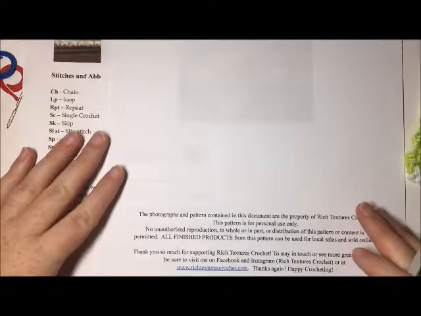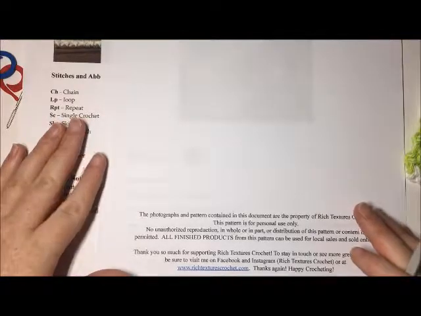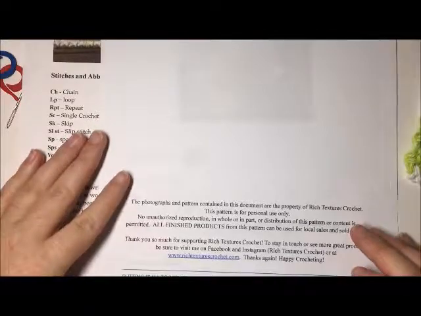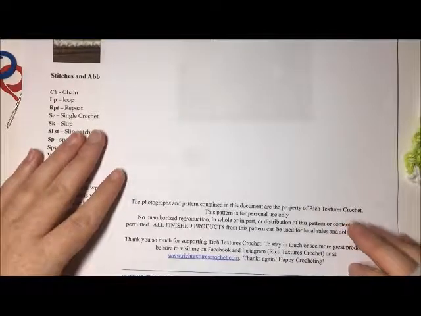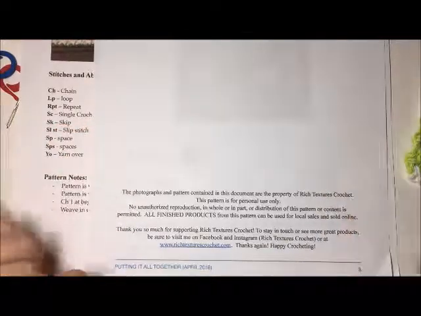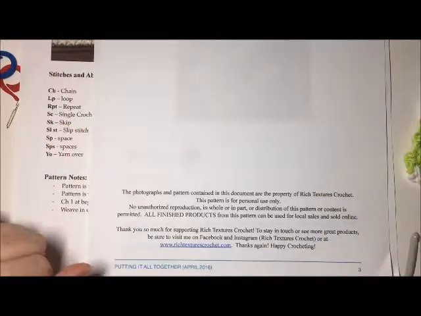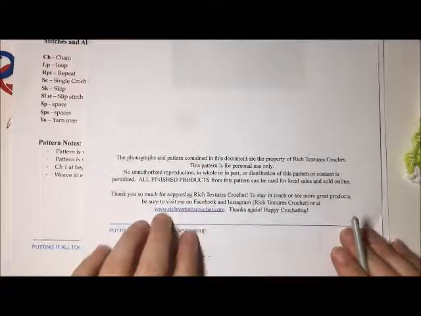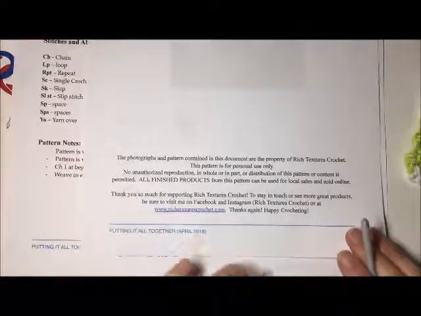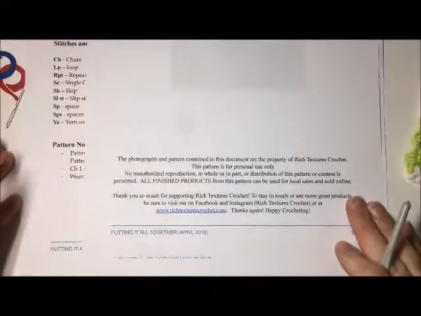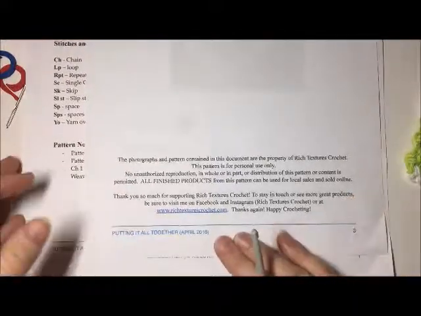The written pattern belongs to the crochet designer, and that's even if you've paid for it. You are not allowed to distribute it in any form, and that is what that copyright information signifies. You may also see on there, you can visit them on Facebook, you can find them on the internet, on their blog, or whatever forms of social media they may have.